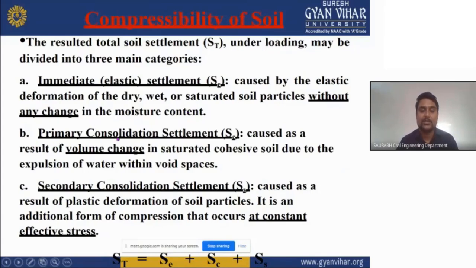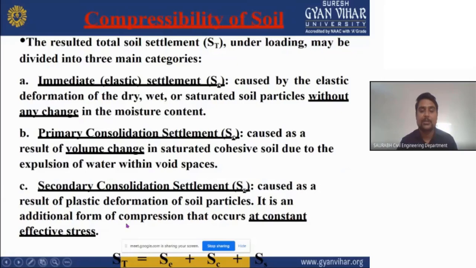The second one is primary consolidation settlement. It is denoted by SC, and it is caused as a result of volume change in saturated cohesive soil due to the expulsion of water from the void space. The third is secondary consolidation settlement, represented by SS, and it is caused as a result of plastic deformation of soil particles.